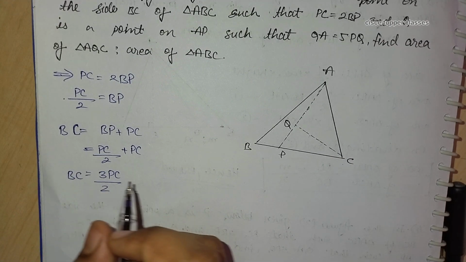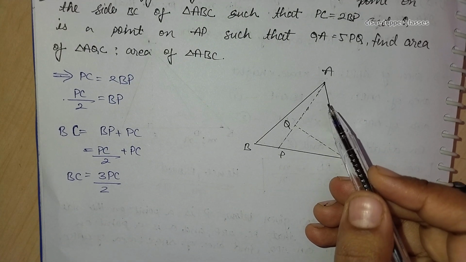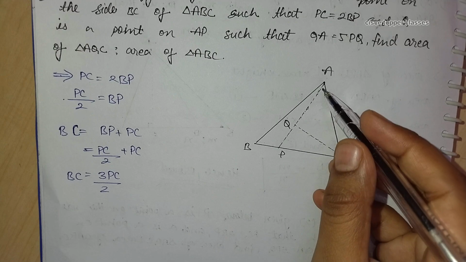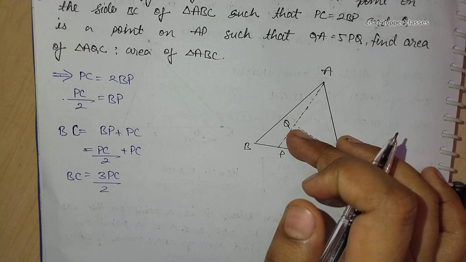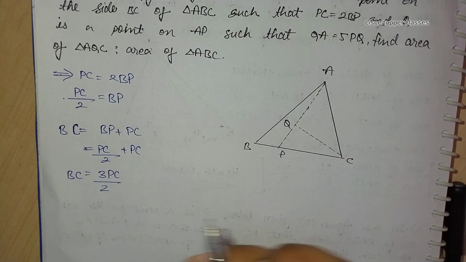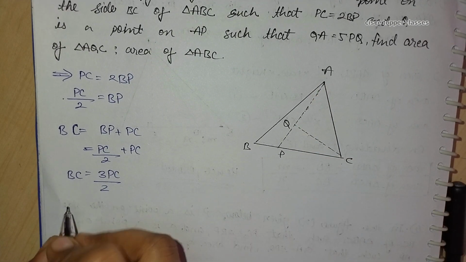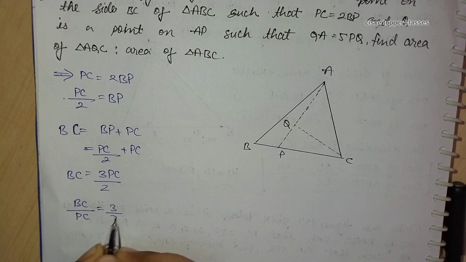So from this part, if two triangles have the same altitude, by the theorem we have studied previously, the ratio of their bases is equal to the ratio of their areas. So here BC by PC is equal to 3 by 2.